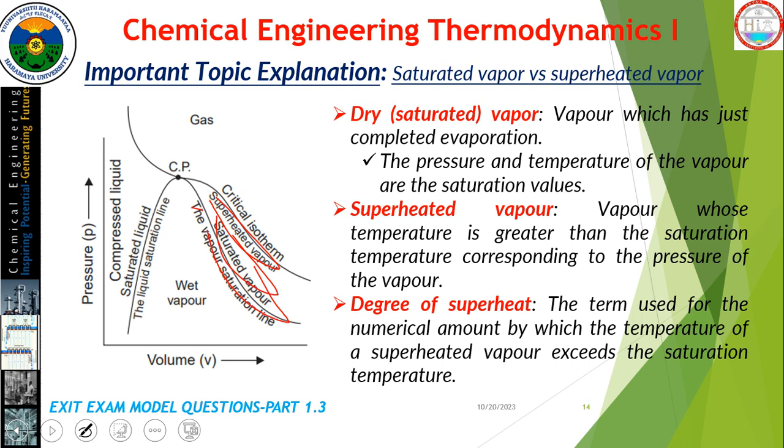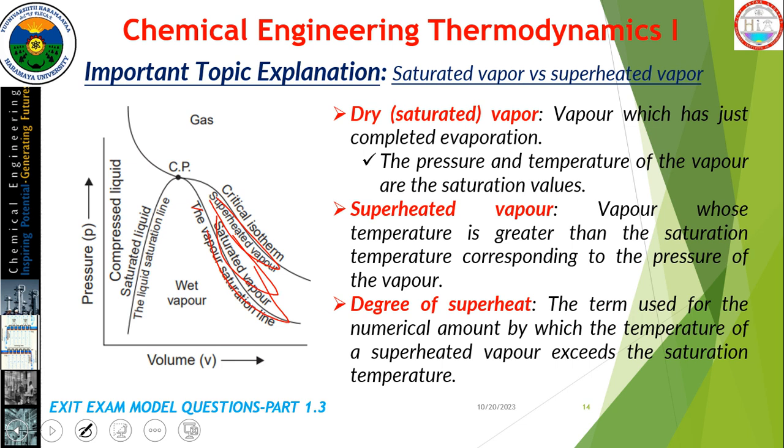Sometimes this compressed liquid is known as the subcooled liquid. The other one is saturated liquid: a liquid at the saturation temperature corresponding to the saturation pressure is considered saturated liquid. The other important term is degree of superheat.